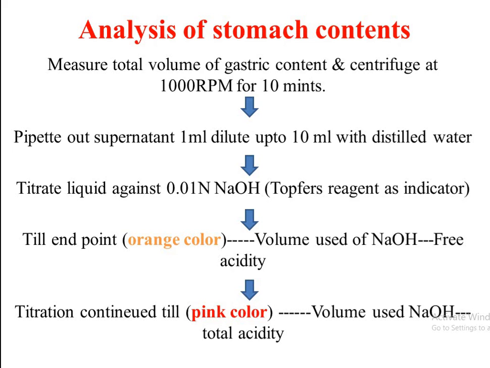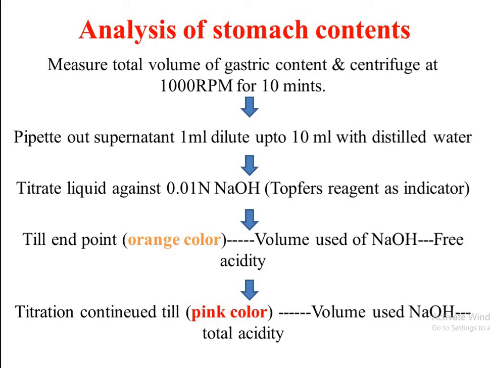Side by side, we also calculate the pH through a pH meter. Next is the analysis of stomach content. First we measure the total volume of gastric content and centrifuge at 1000 rpm for 10 minutes. Pipette out 1 ml of the supernatant liquid and dilute it with 10 ml of distilled water.